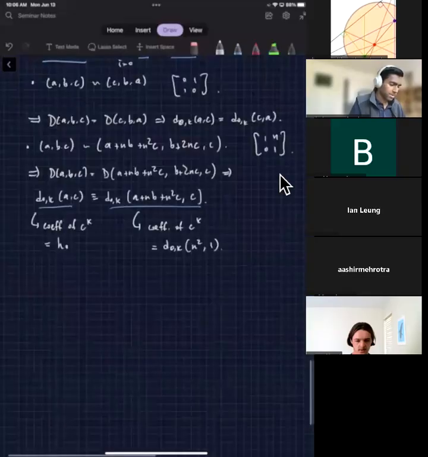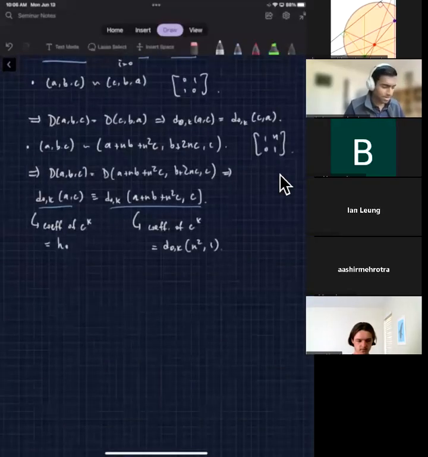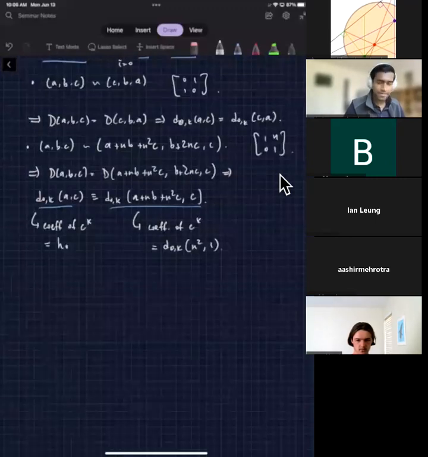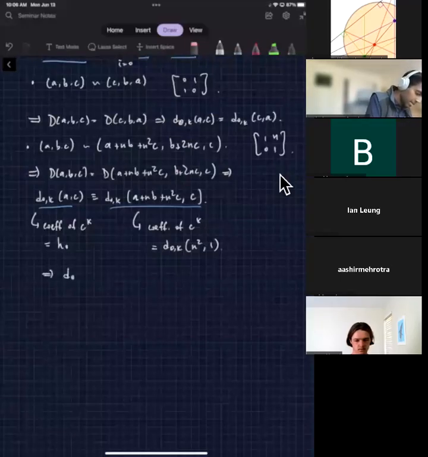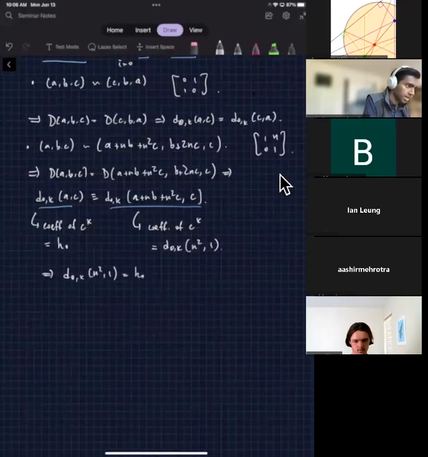All right, so we have two polynomials that are congruent. On the left-hand side, the coefficient of c to the k is h naught. On the right-hand side, it's d naught k of (n², 1). So then the implication is that d naught k of (n², 1) is equal to h naught.